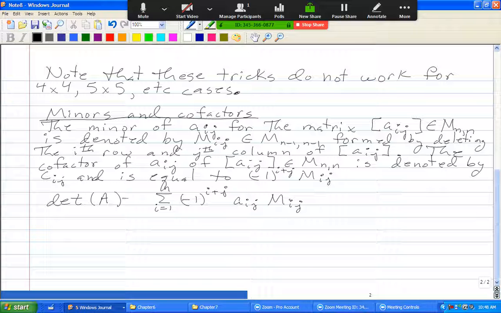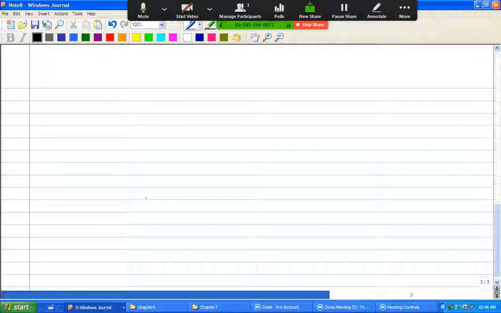So it will be the sum of a whole bunch of determinants that are of size 1 less. Okay. So that's a very important result that we'll be using to determine the determinant of these larger matrices.